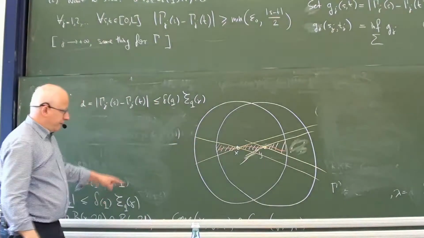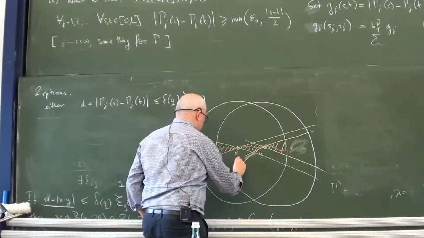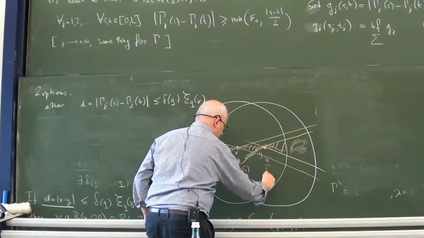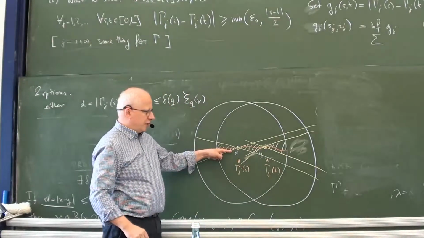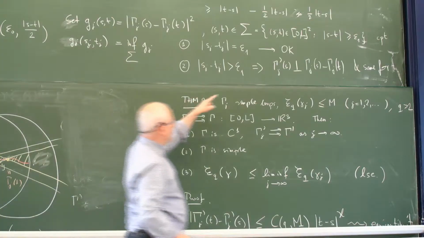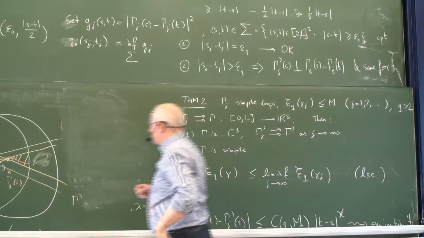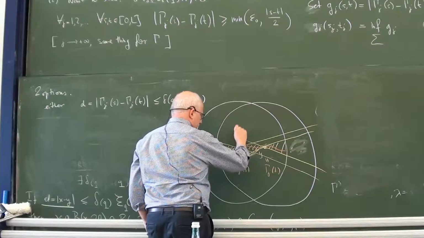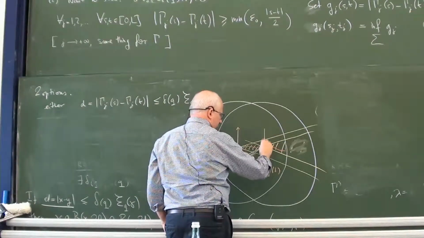Then the scale is sufficiently small so that this is gamma j of s now, and this is gamma j of t. So we see a picture like that. But look what we have here. We have gamma j prime, which is a unit vector showing like that, and gamma j prime of t also showing like that.